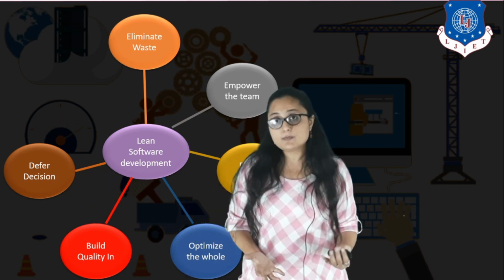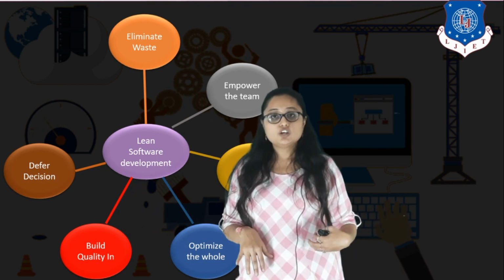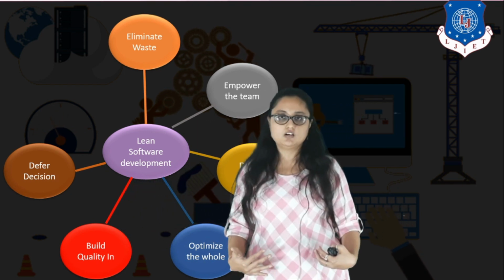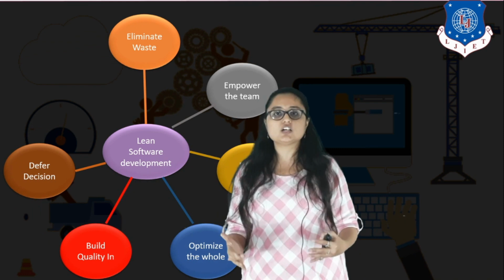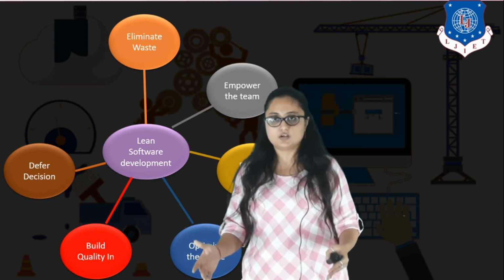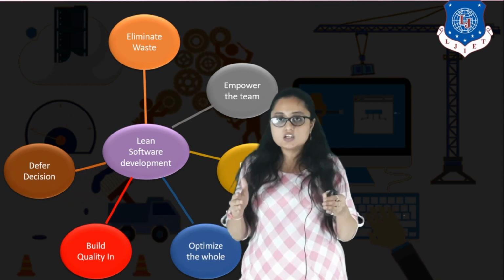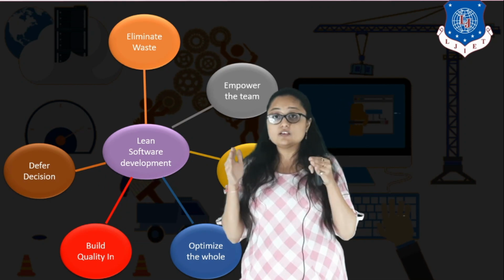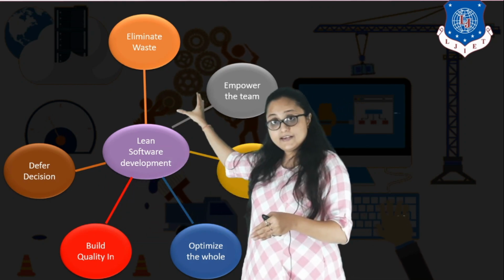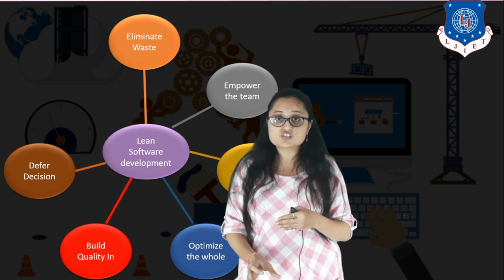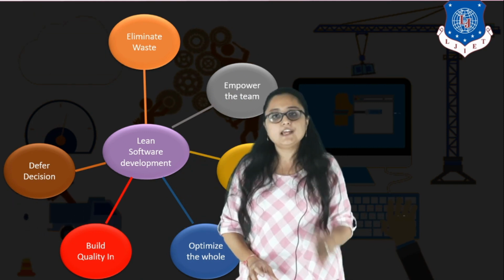But now the customer is demanding it in 3 days. You have to defer your own decision. You have to defer the decision that you have made with the customer. Why? Because we want the customer to be satisfied, and for that eliminate the waste, fasten the process, but deliver the thing to your customer.